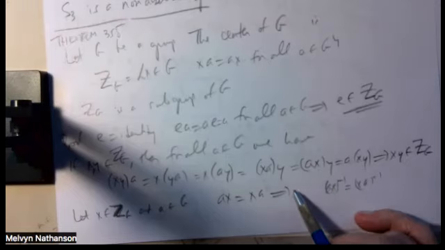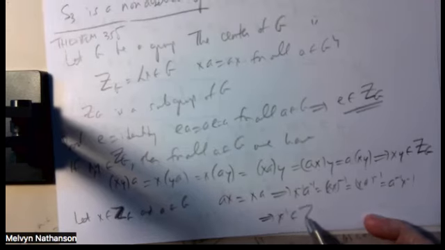The inverse of ax is x inverse a inverse, and the inverse of xa is a inverse x inverse. So for every a in the group, x inverse a inverse equals a inverse x inverse. So if you take any element in the group, it's the inverse of something, so x inverse commutes with everything. So x inverse is in the center.